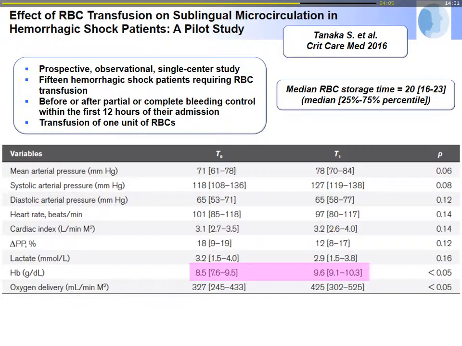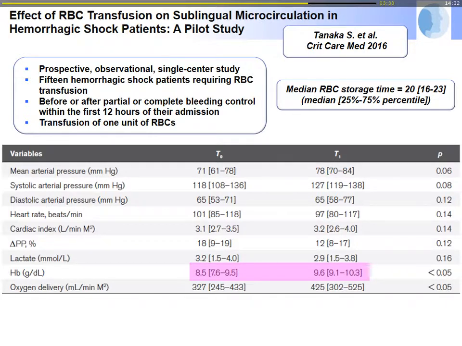We performed a study in hemorrhagic shock. We looked at the effect of 1 unit of red blood cells, 250 milliliters, at the level of microcirculation, using a camera looking under the tongue.